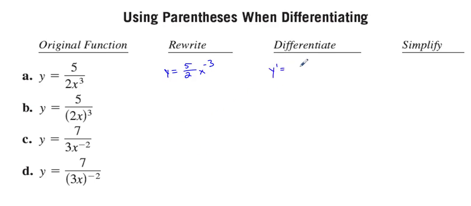Y prime. All right, we have our constant. Leave it there. Now let's use our power rule. Negative 3x, subtract 1, negative 4. And now simplify. Y prime equals, so negative 15 halves. And then x to the negative fourth, well, x to the fourth in the denominator.